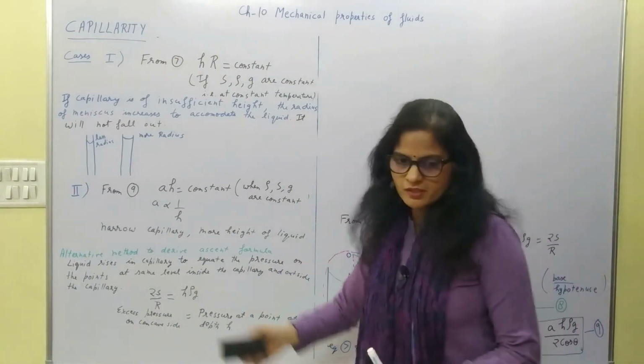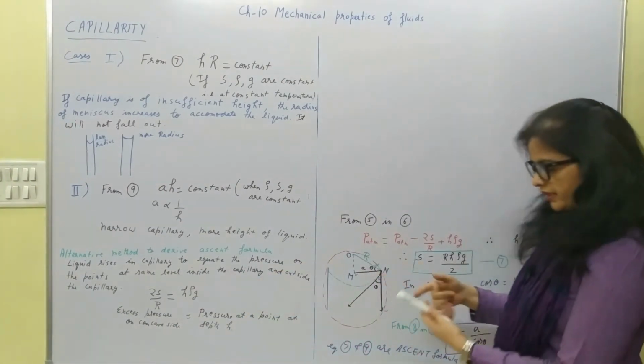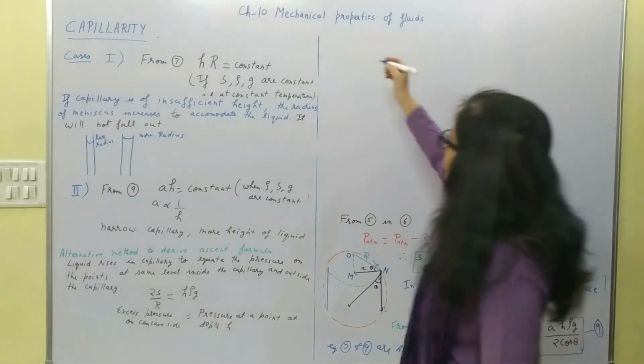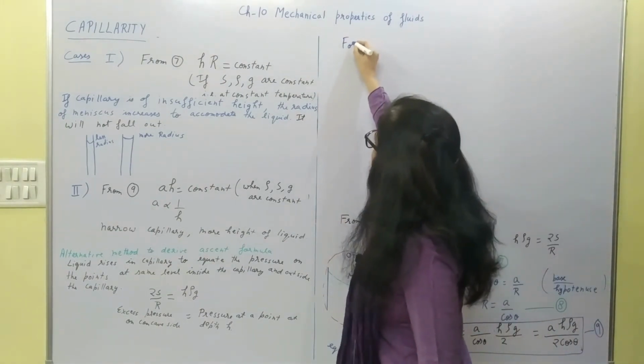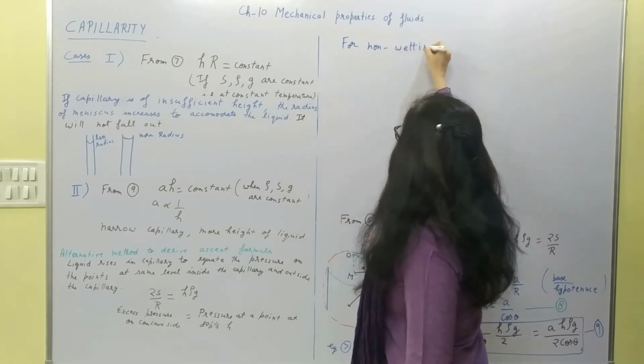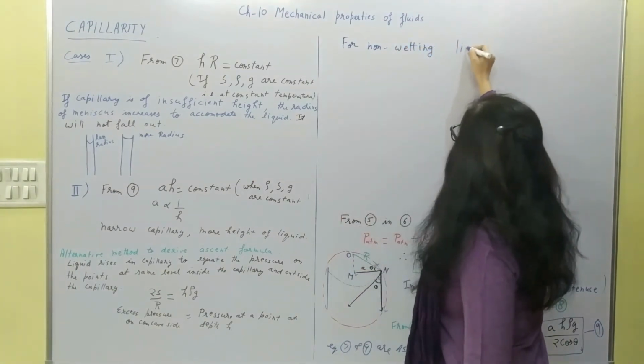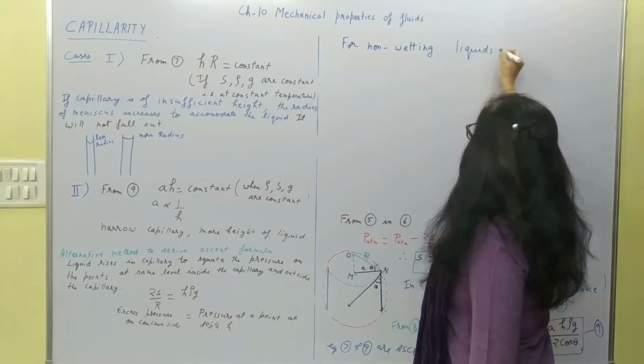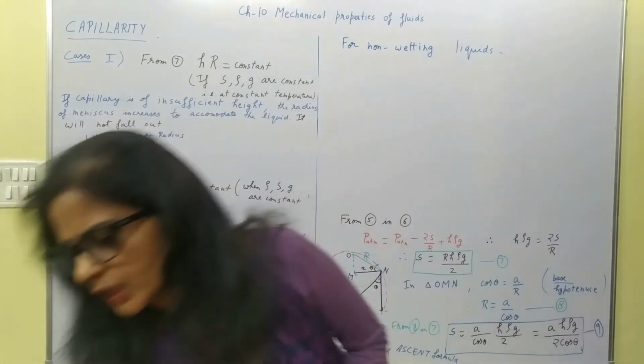Here the rest of the steps are same. I just gave you an idea. We can directly write this also. So for non-wetting liquids, what is the case with non-wetting liquids?